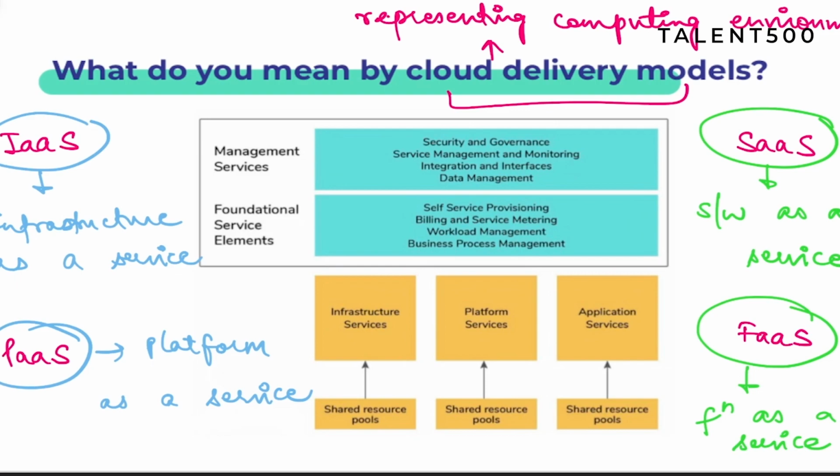Or if you are having a Mac, you will have to see that I need an installer which is compatible with the Mac OS. So there you have a dependency. But if you talk about online compilers, at that place you do not have the need for considering the infrastructure, and that is where function as a service comes into the picture.